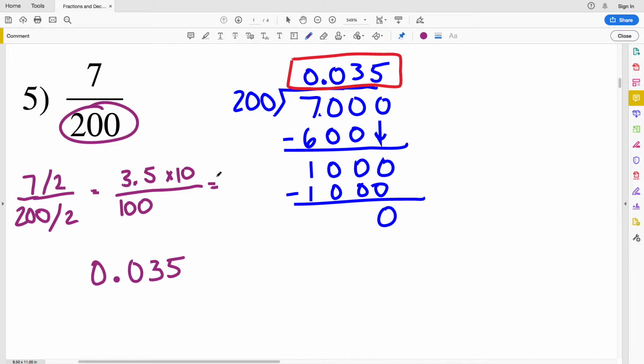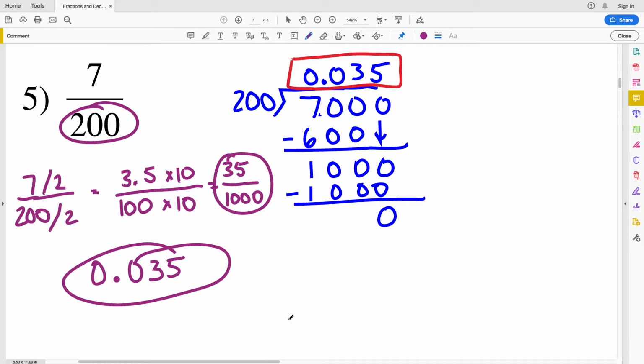Doing so, as opposed to having 3.5, we'll have 35. And then whatever we do to the numerator, we have to do to the denominator. So also multiplying the denominator by 10 to give us 1,000. And then read this as 35 thousandths, and there you have it, 35 thousandths.